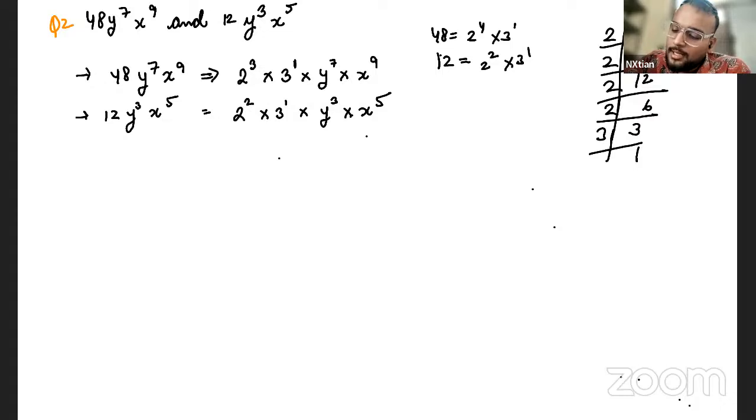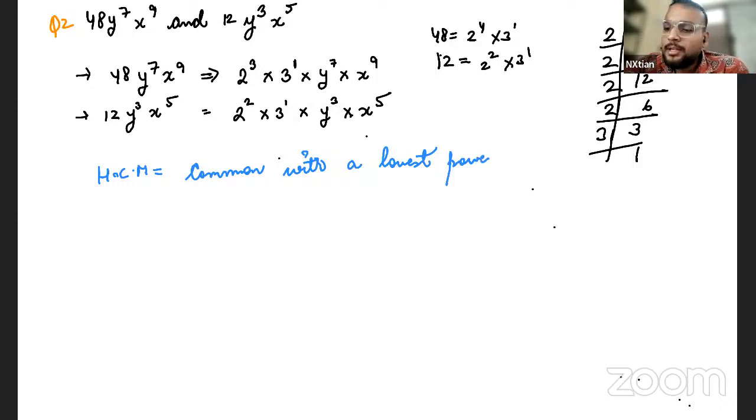So what does HCF mean? HCF means common with the lowest power. Common with the lowest power. So what is common? The 2 is common. Now the lowest power is 2 to the power of 2.